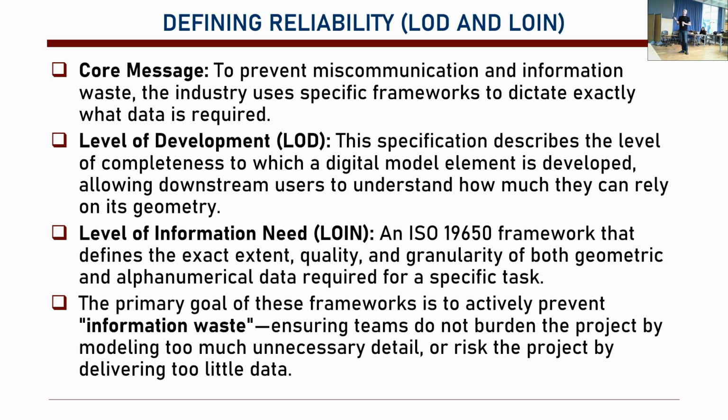Basically, it allows people to understand how much they can rely on the geometry of that element. But what they found out was that geometry is critical, but it's not the only critical thing. The other critical things are the information that we can embed in the model.